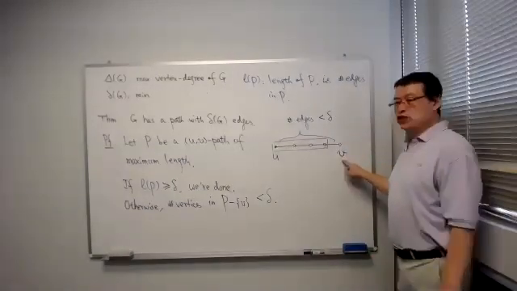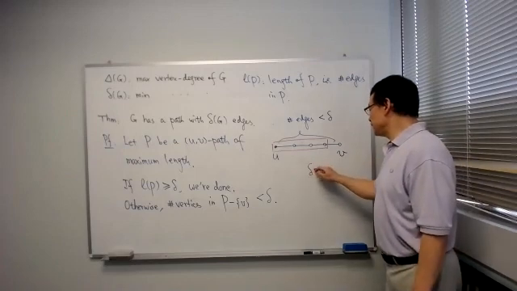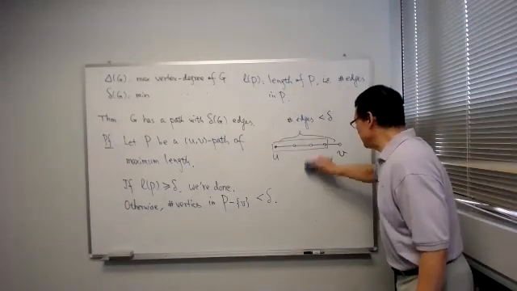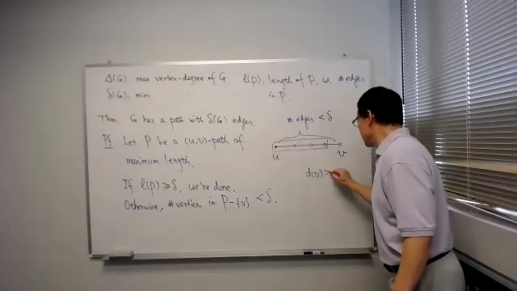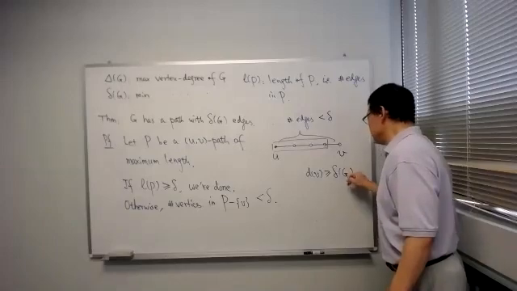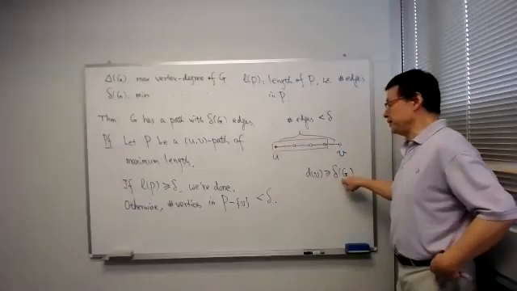Now, by definition of delta, we know the degree of V is at least delta G. Because of the definition of minimum degree, we know the degree is at least this.